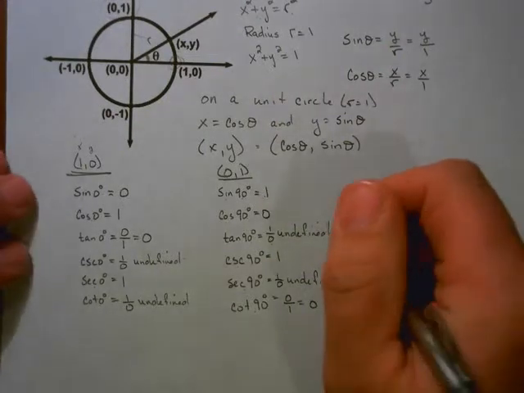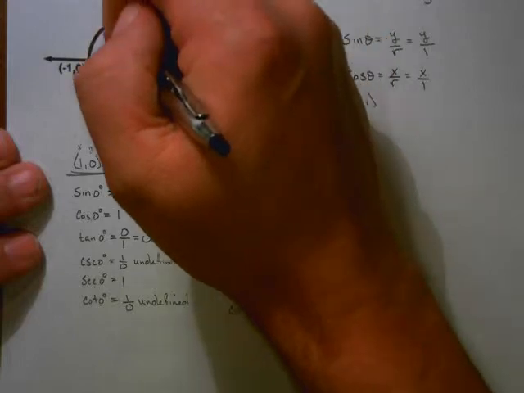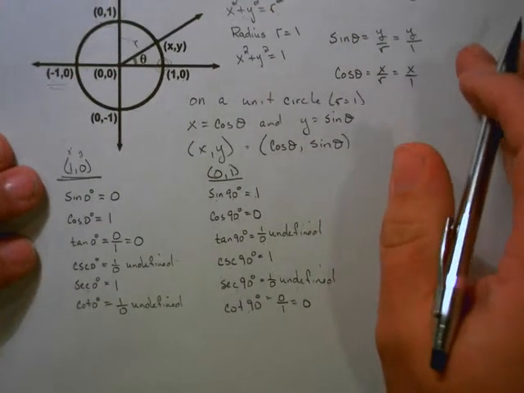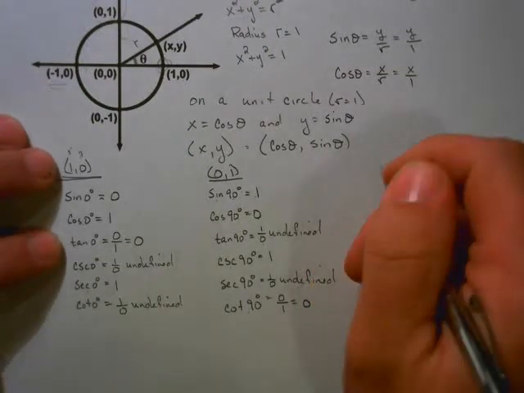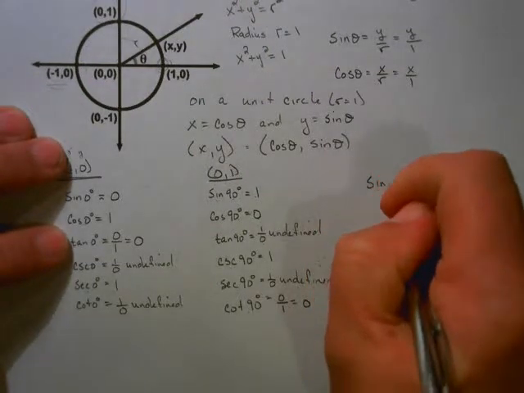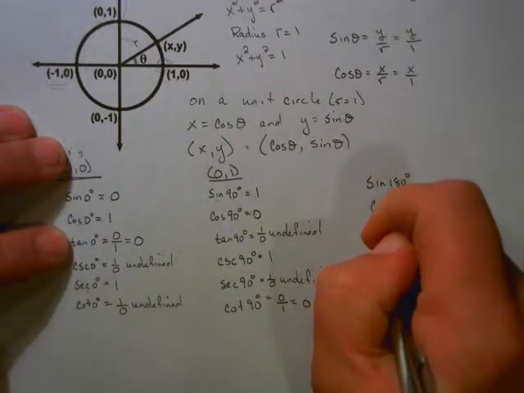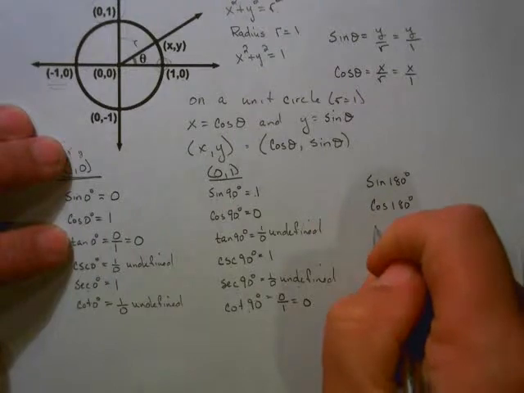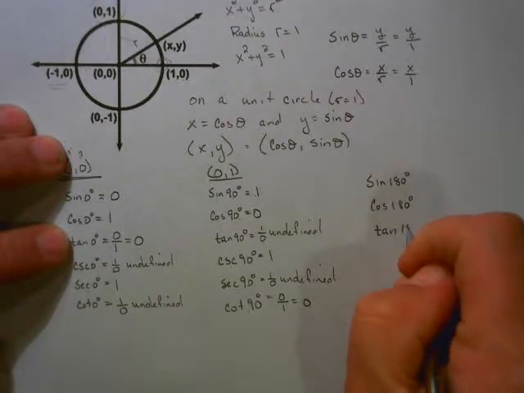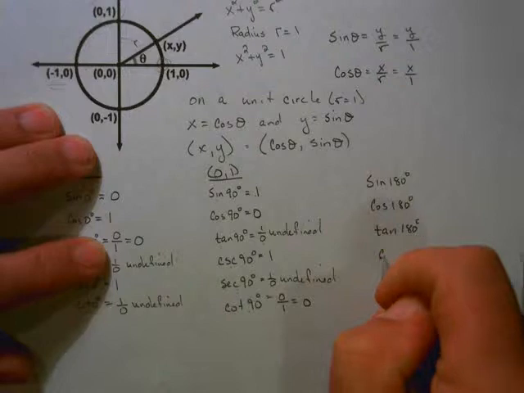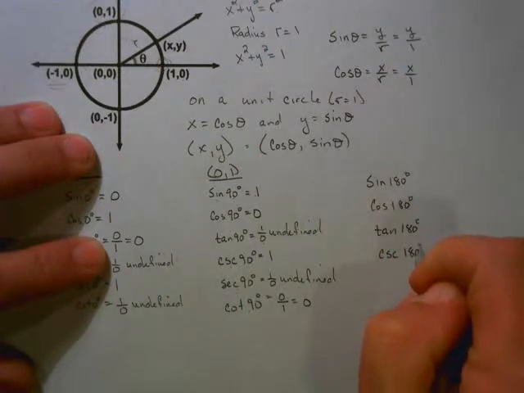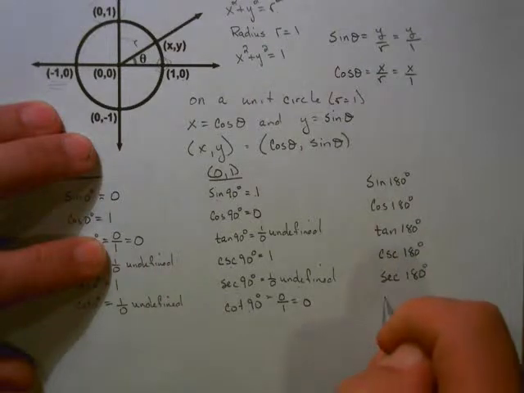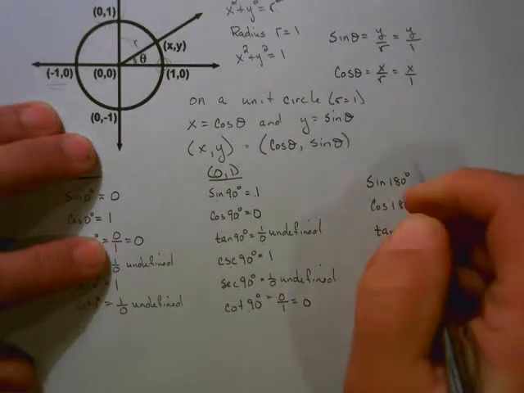So if we want to find 180 degrees, so here's 180 degrees, we're going to use this point, negative 1, 0. So let's do that one. So sine of 180 degrees, cosine of 180 degrees, tangent 180 degrees, cosecant 180 degrees, secant 180 degrees, and cotangent 180 degrees.